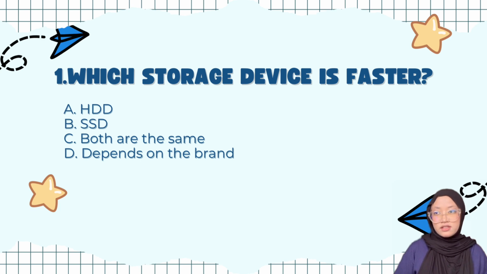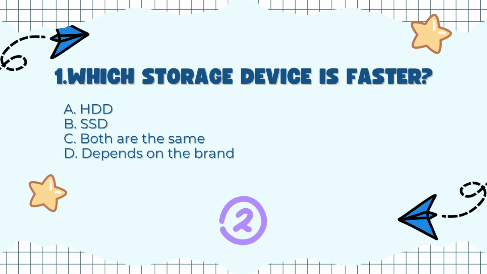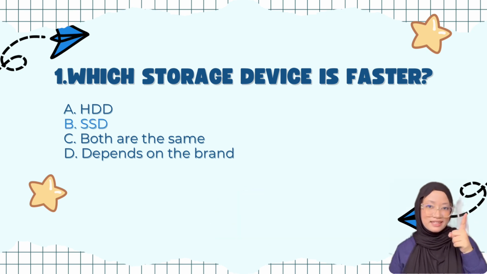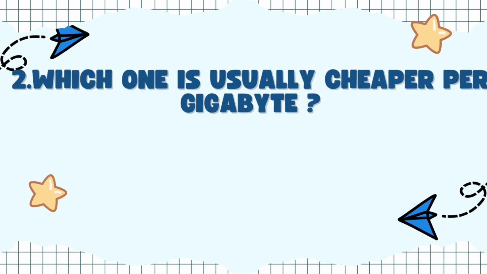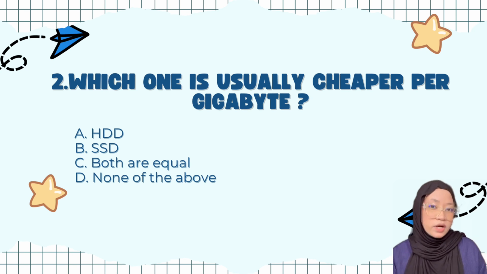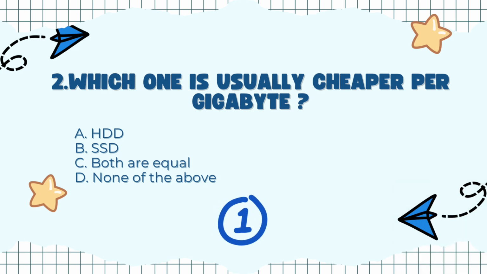First question, which storage device is faster? Exactly. The answer is B, which is SSD. Second question, which one is usually cheaper per gigabyte? Good.